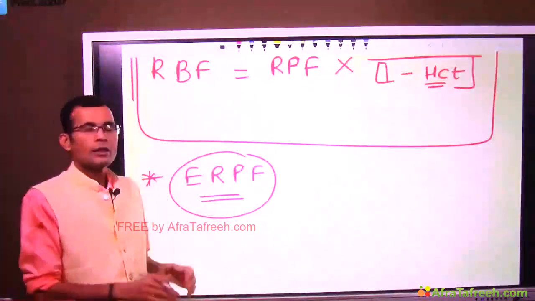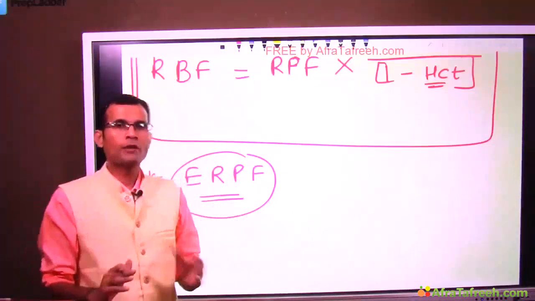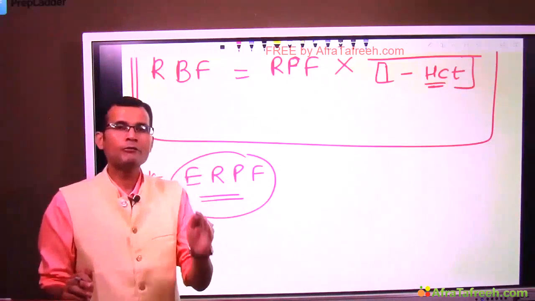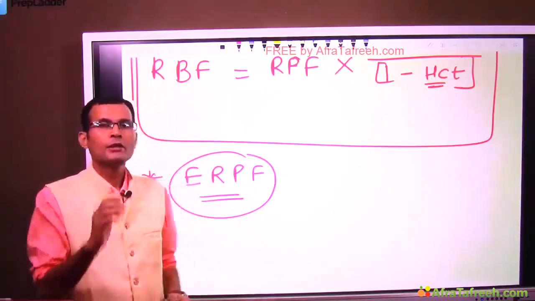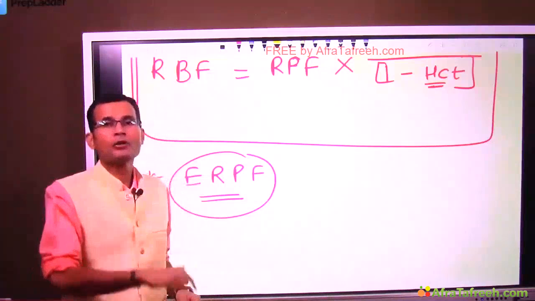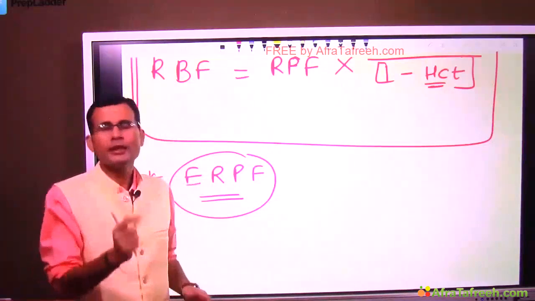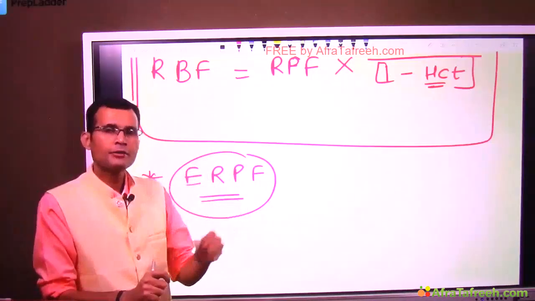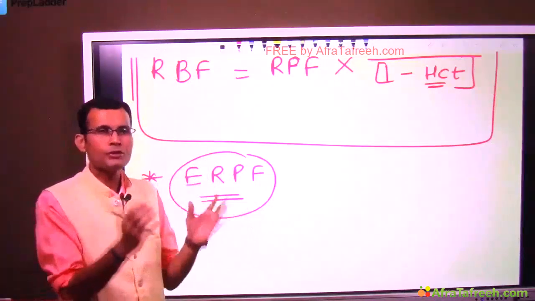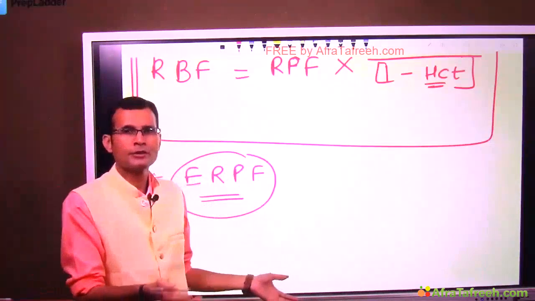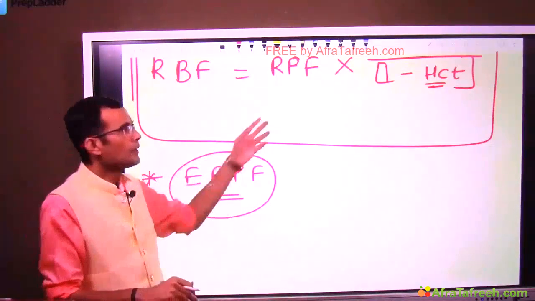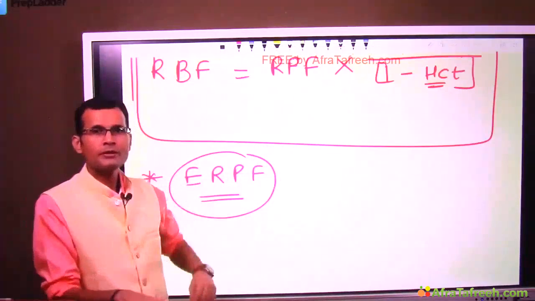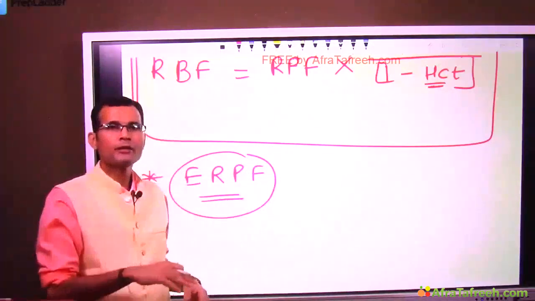Because out of the total blood flow, some 10% blood flow goes to the non-excretory part of the kidney, like perinephric fat or some tissue which is not involved in the excretion of substances. So even PAH is not going into the nephrons all 100%. Some 10% is going into the perinephric fat.